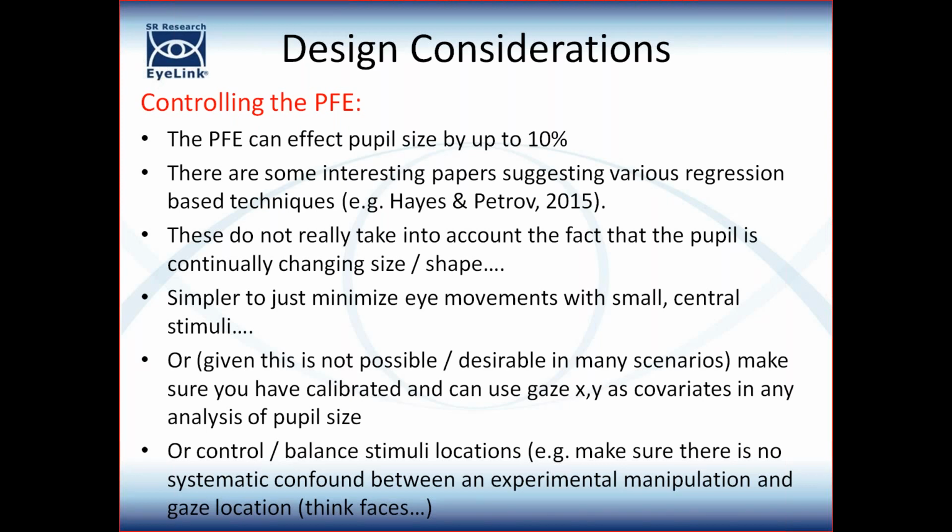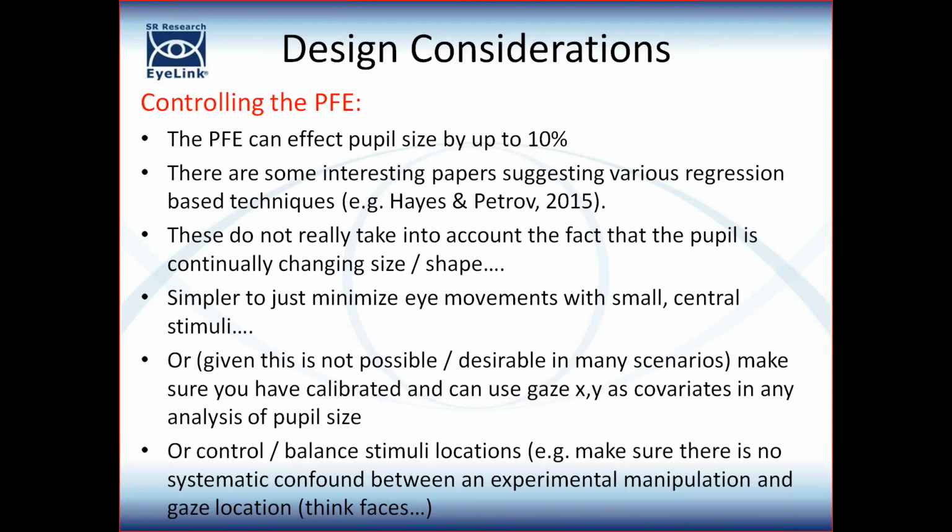And it may well be that as the eye moved from one point of the screen to another, there is both an artificial change in pupil size due to the foreshortening effect, but there's also potentially a real change in pupil size if pupil size was changing over that time, in which case it becomes difficult to disentangle those. So my preferred approach has always been to use relatively small central stimuli, which will minimize the eye movements that people make during the task, and therefore minimize any impact of the pupil foreshortening effect.